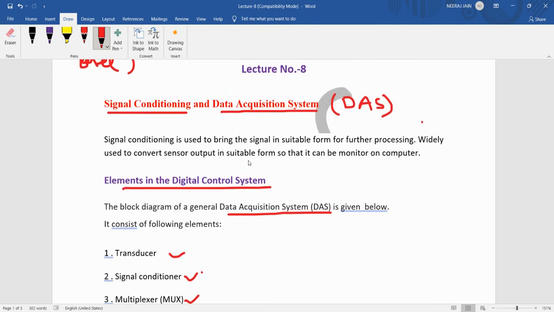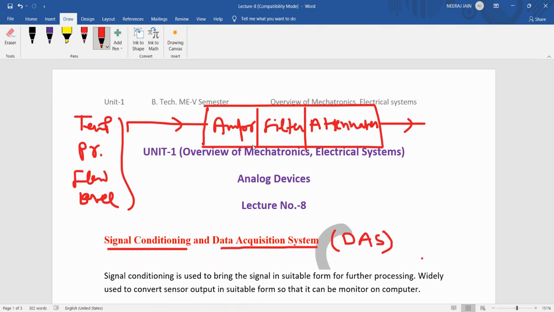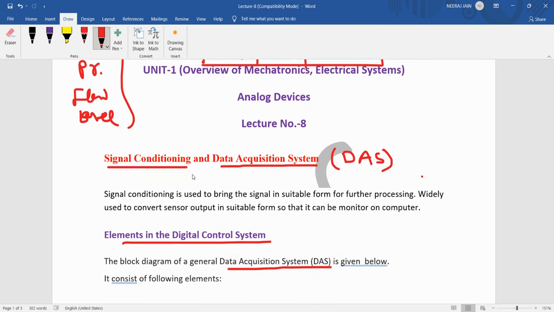In this manner, we have studied that signal conditioning and data acquisition systems are an important part of any system. In mechatronics, we use the same manner.